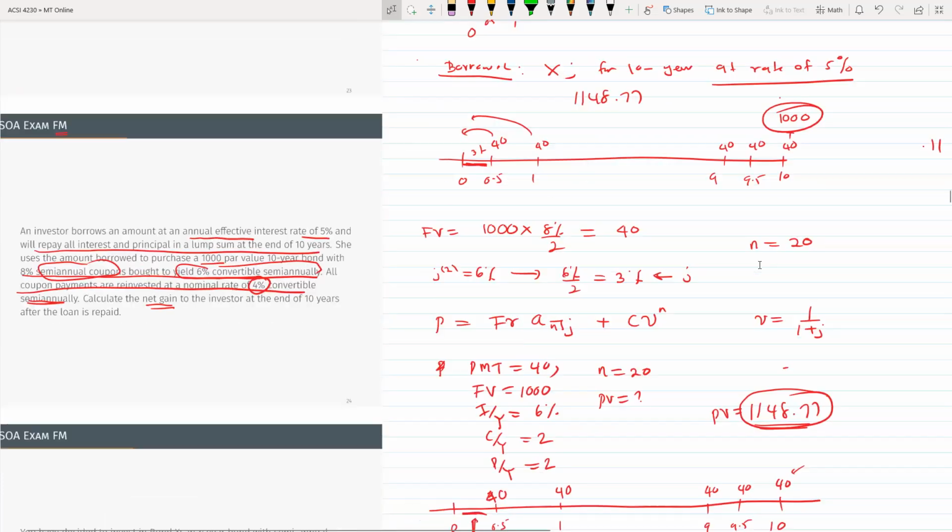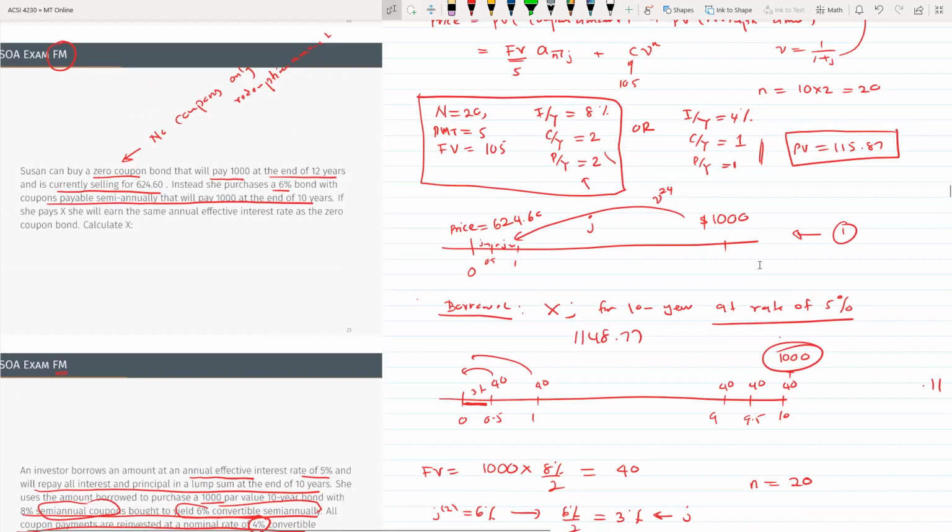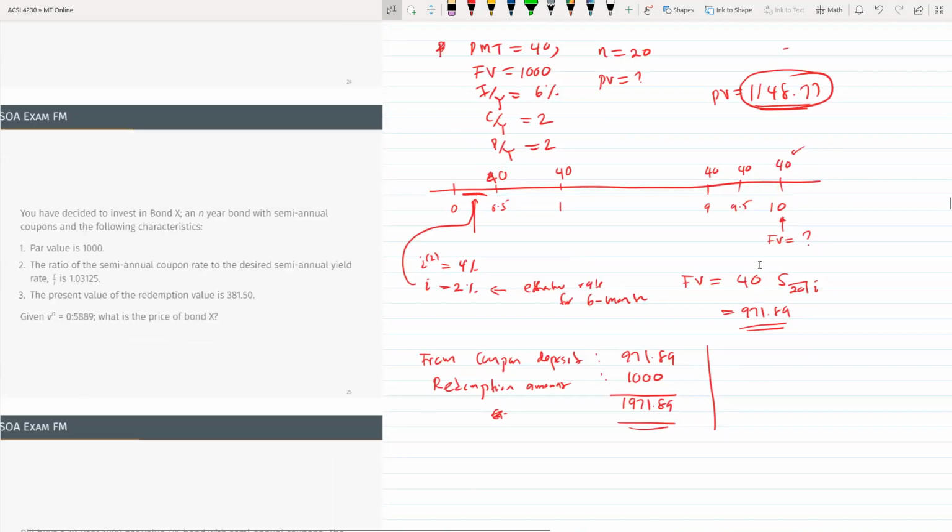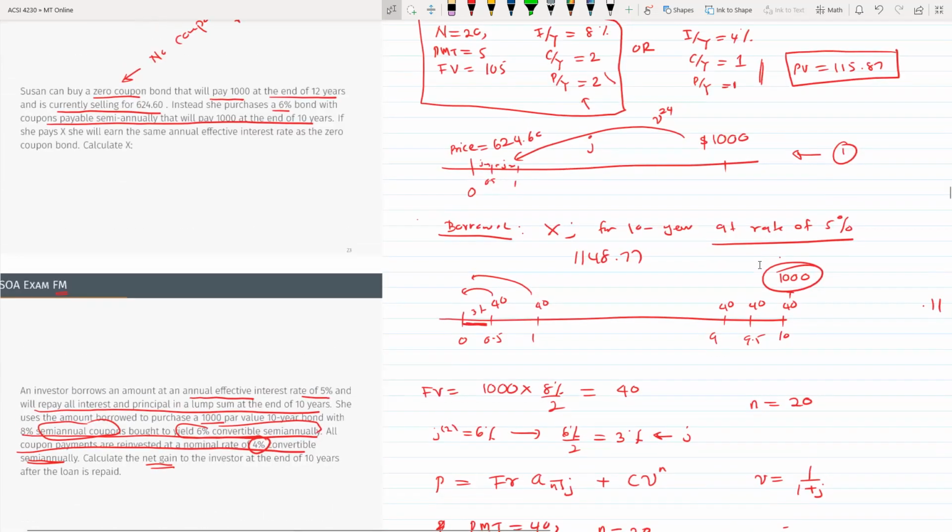But you have to pay the loan. So how much did you borrow? $1,148.77 at a rate of 5%. And you have to pay at a rate of 5% for 10 years.